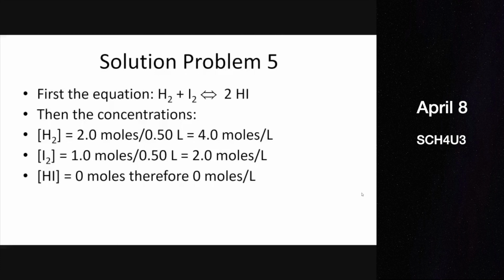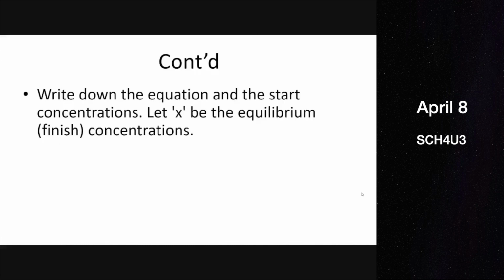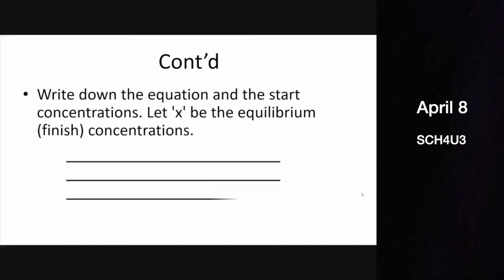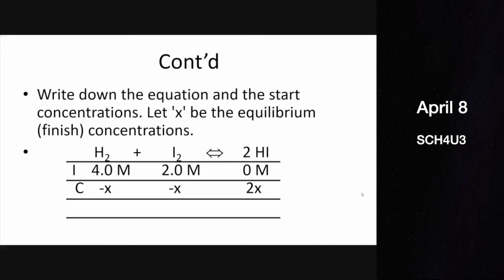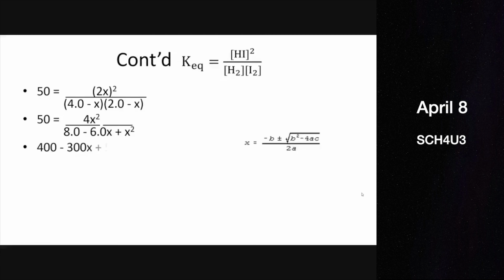Molar concentrations should be calculated because the volume of the container is 0.5 liters, so you have different concentrations. Write the equilibrium expression and substitute after making the ICE table. So this is your equation to solve for the value of x.